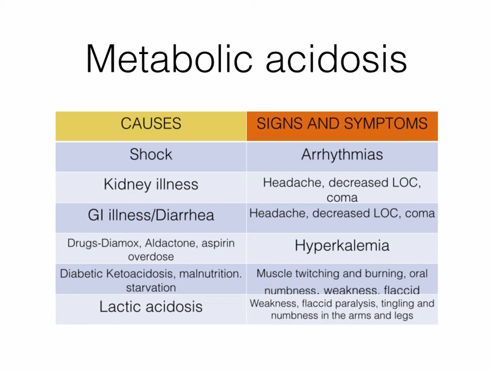shock. You will be doing in detail a lecture on shock in your advanced med surg. But simply what happens in shock is that the oxygenated blood is not being delivered throughout the body. And the body thus starts having an anaerobic metabolism, and there is a buildup of lactic acid.